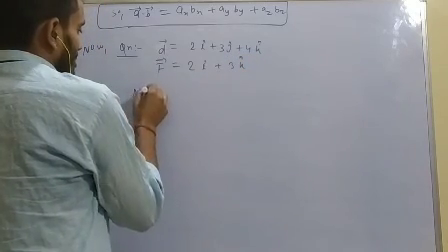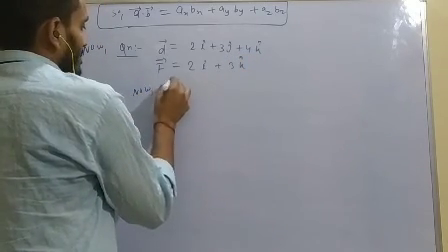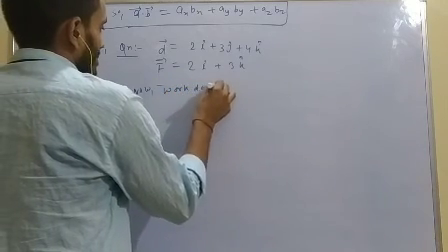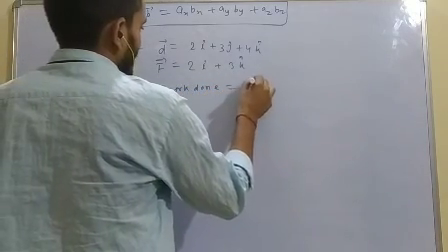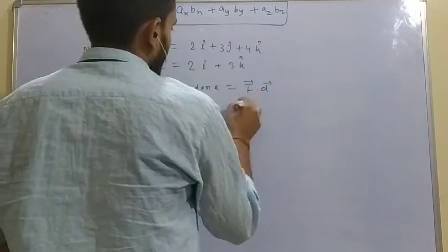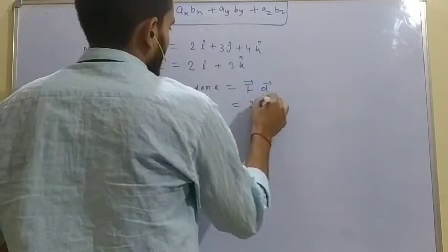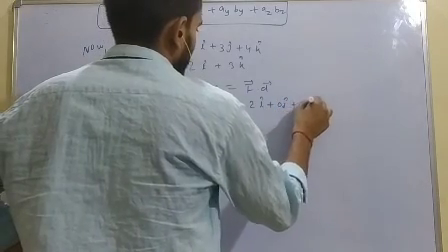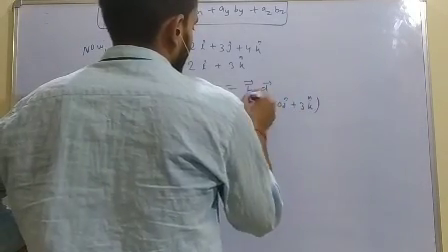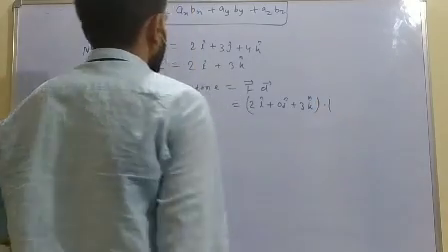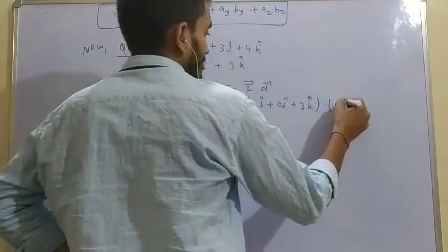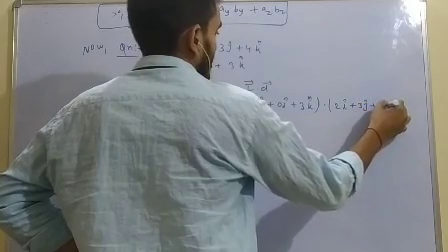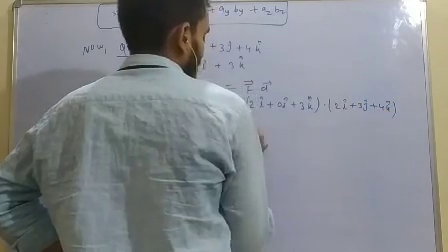Now, work done equal to vector F dot vector D equal to 2i cap plus 0j cap plus 3k cap dot 2i cap plus 3j cap plus 4k cap.